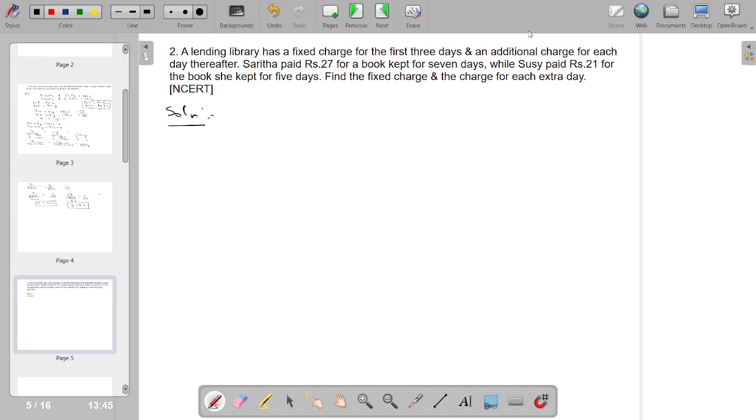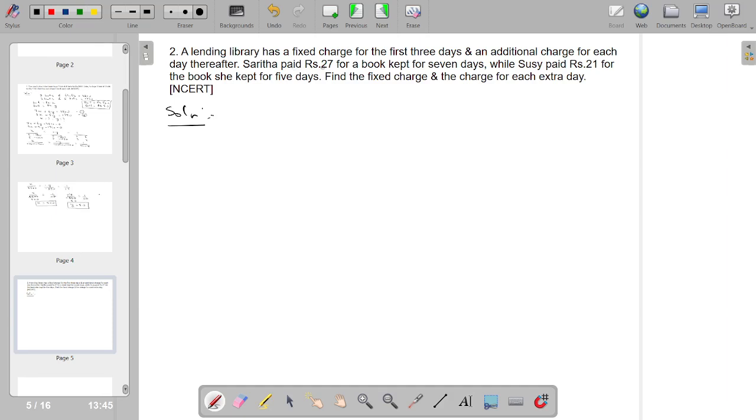For example, if we keep the book for 5 days, the 3 days fixed charge will be there, and for the next 2 days a per day charge will be applicable. Maybe if the per day charge is 5 rupees, for 2 additional days it will be 5 into 2, 10 rupees, an additional 10 rupees, something like that. So an additional charge for each day thereafter.